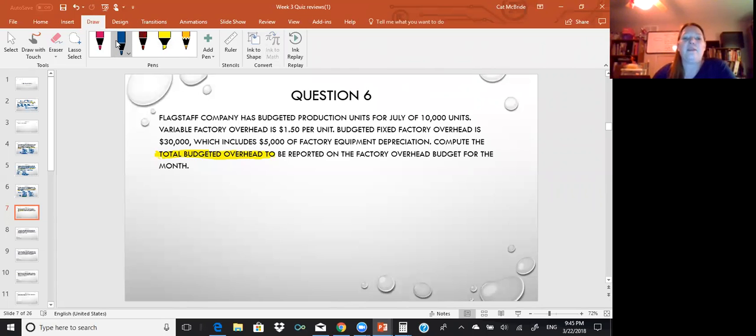Flagstaff Company has budgeted production units for July of 10,000 units, so we're going to produce 10,000 units. Variable factory overhead is $1.50 per unit.